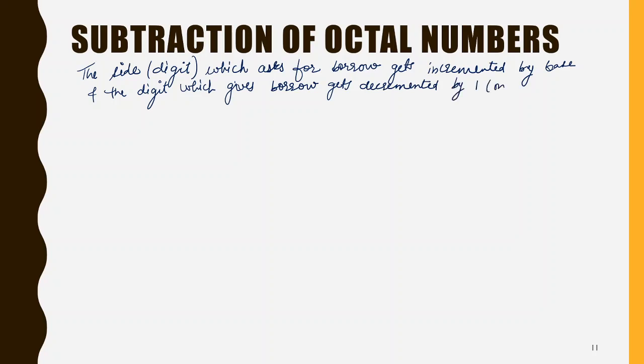Okay, so this is the golden rule that you need to remember while doing any kind of subtraction for any number system. I will start with the octal number system with the help of an example.